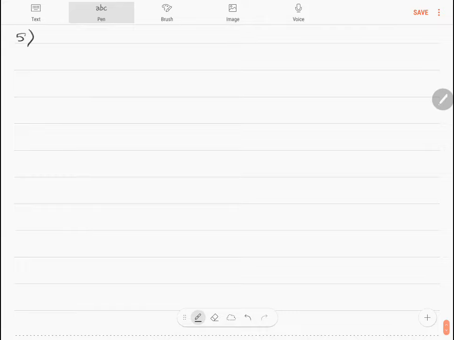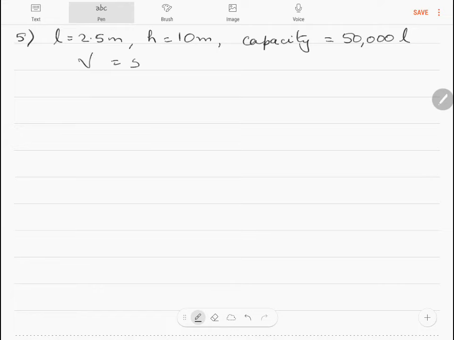Problem number 5. The capacity of a cuboidal tank is 50,000 liters of water. Find the breadth of the tank if its length and depth are respectively 2.5 meter and 10 meter. Here length is 2.5 meter, height is 10 meters and capacity is 50,000 liters. Converting liters into meter cube, we have to divide. So volume will be equal to 50,000 divided by 1000, which will become 50 meter cube.